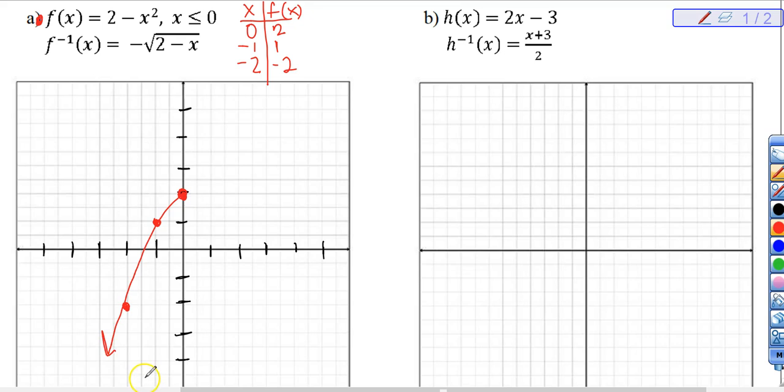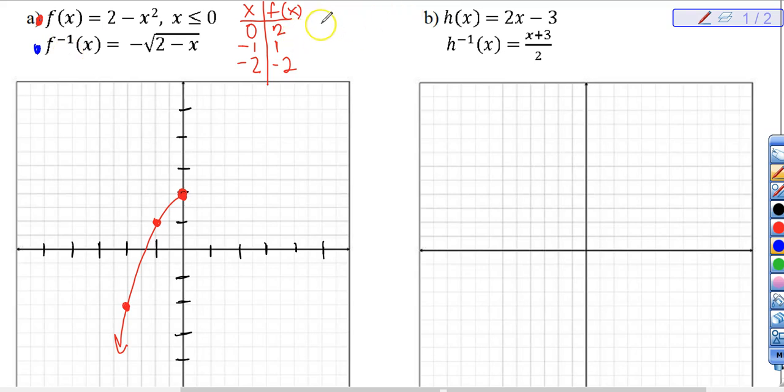So there it is. I didn't do a very good job. I'm going to draw that again. That's not good. There we go. That's better. Okay. Definitely 1 to 1, right? Yes. Okay. So that means we can find its inverse.